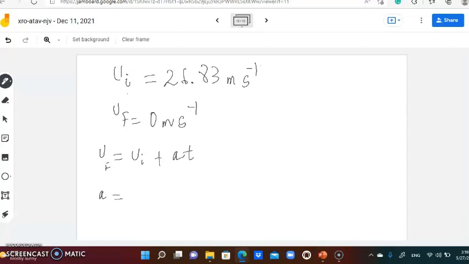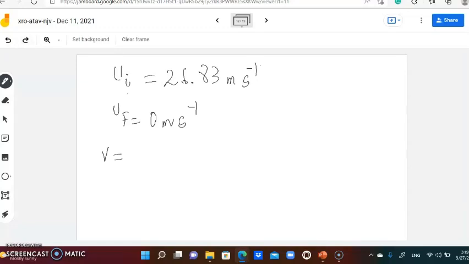So let's go back just a little bit. So we have our initial velocity and we have our final velocity.